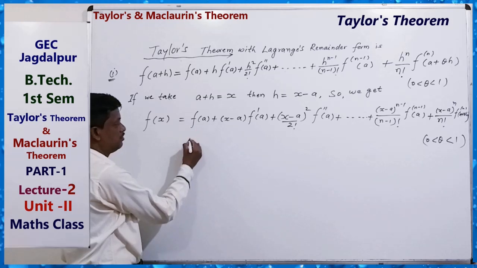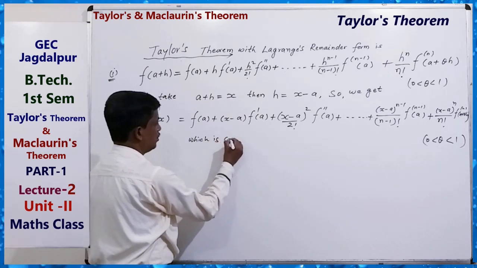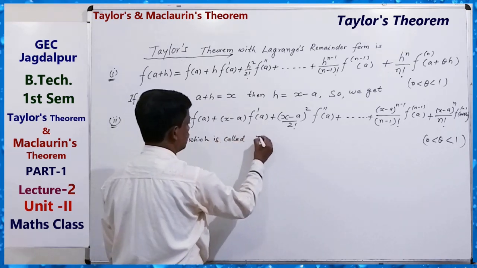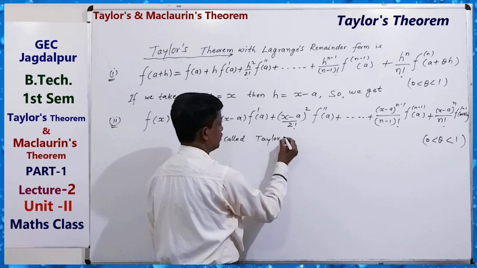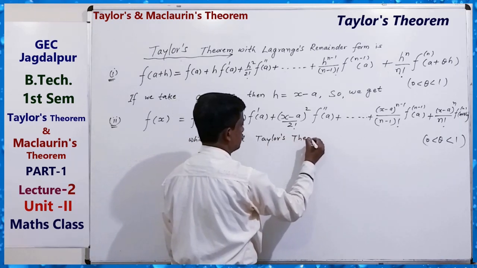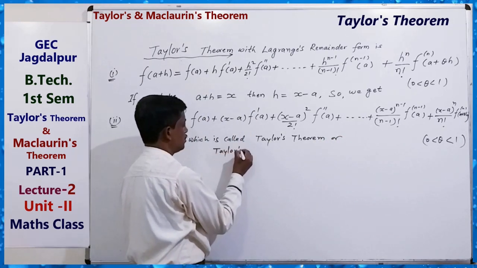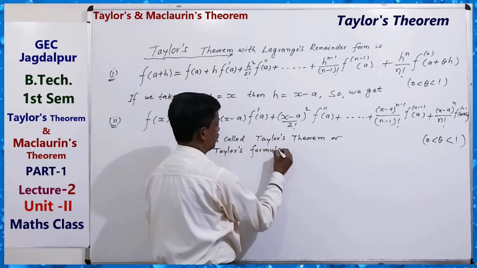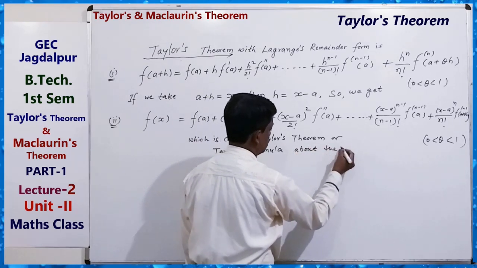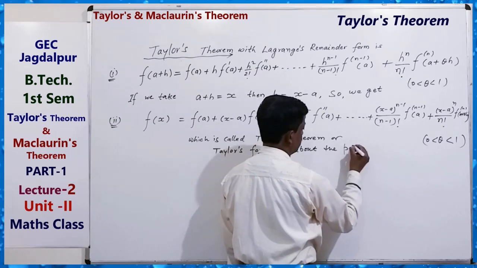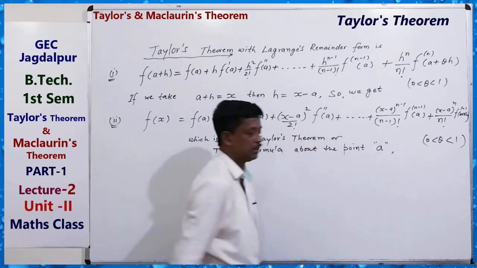This is the second form of Taylor's theorem, which is called Taylor theorem or Taylor's formula about the point A. Clear?